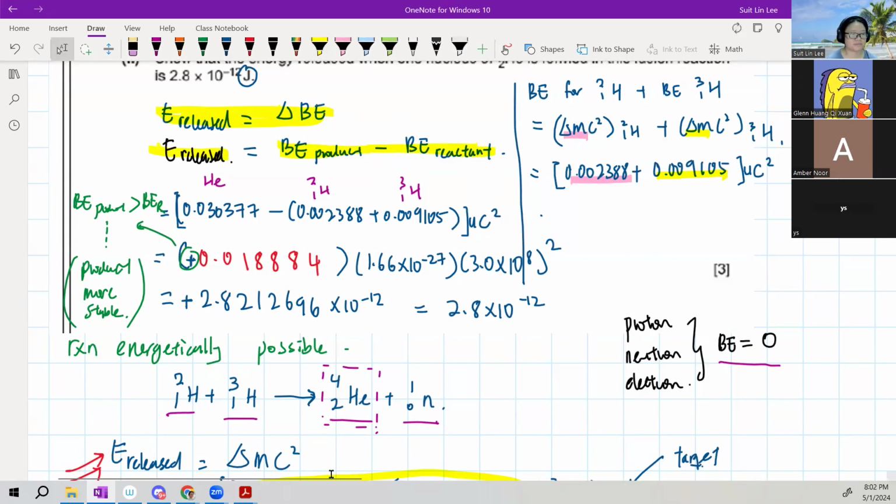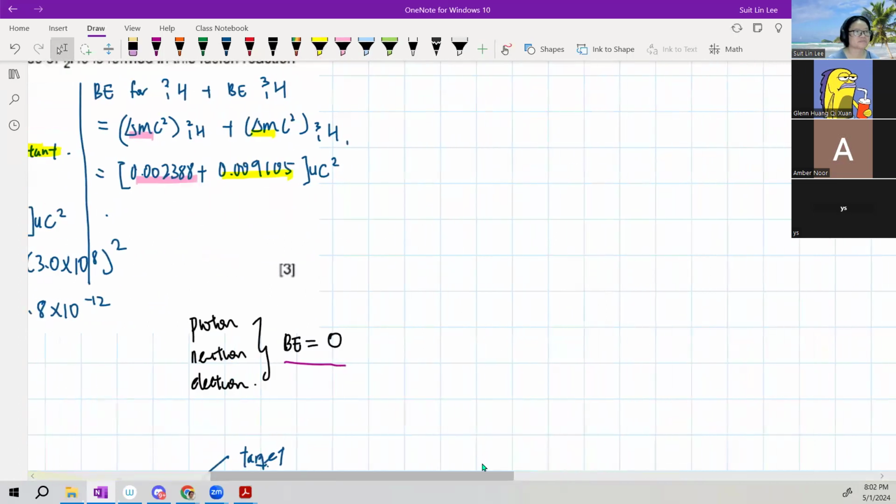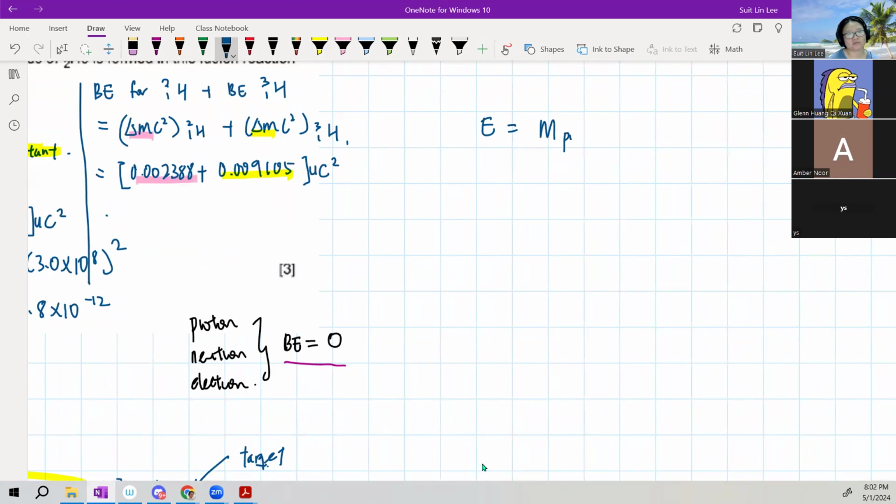Because, let me highlight here first. If you want to find energy, you take the mass of the product minus the mass of the reactant, then u c squared or delta M c squared. This whole thing is delta M, product minus reactant.